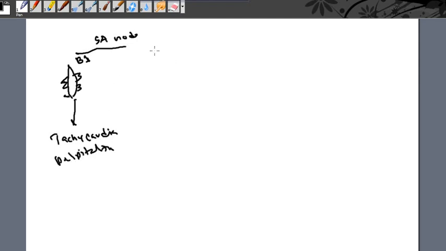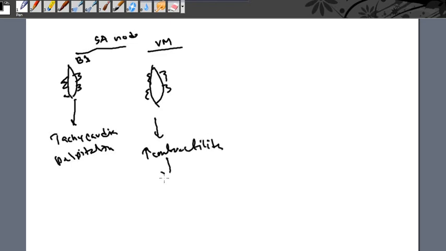Second, in the ventricular myocyte, ventricular muscle cell, a lot of beta 1 receptor is expressed by T3 and T4, and this leads to increased contractility, and increased contractility will lead to increased cardiac output, and increased cardiac output leads to an increase in systolic blood pressure.